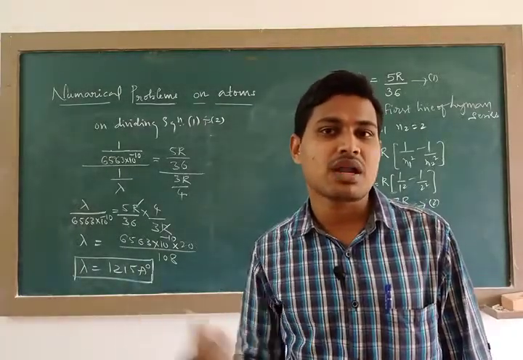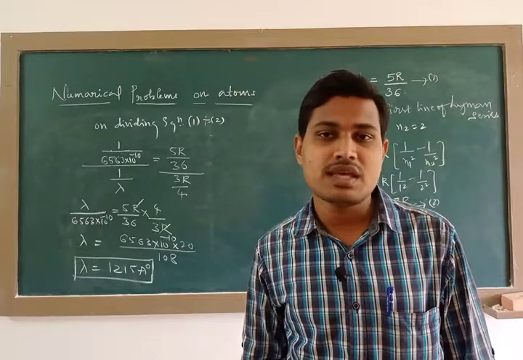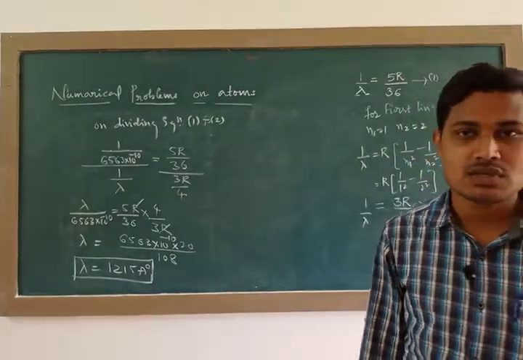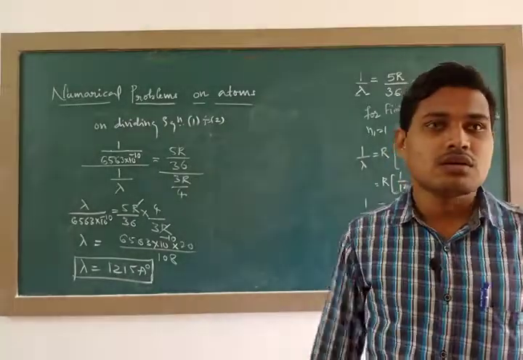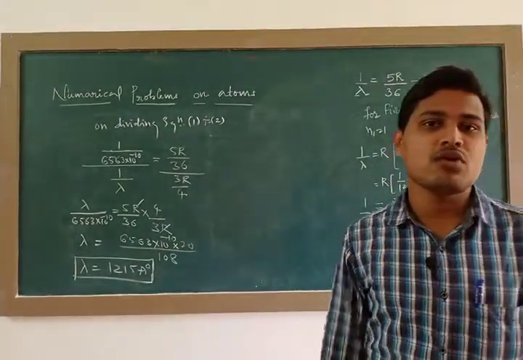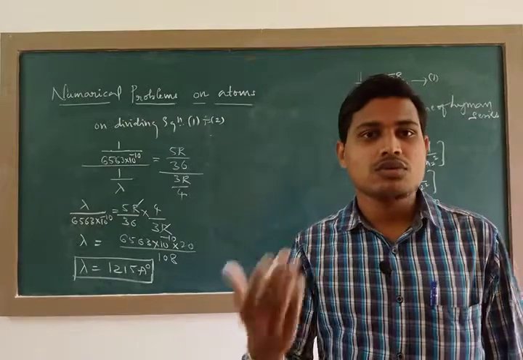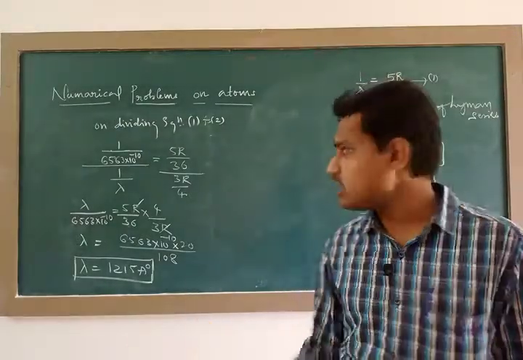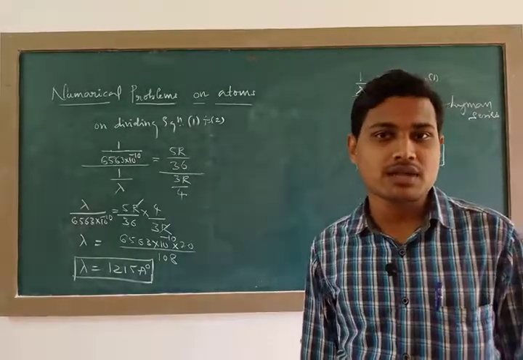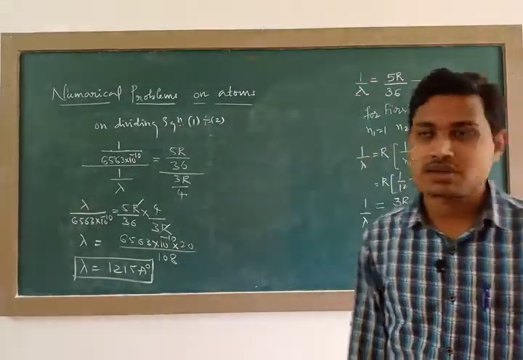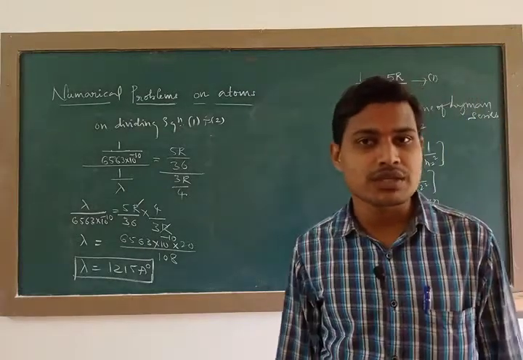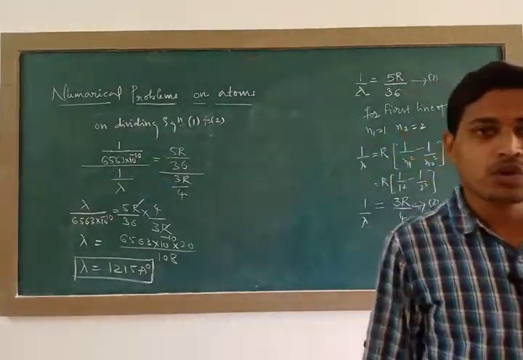Like that, the first member of the Brackett series, Paschen series, Pfund series. So for one single problem we can create some 30 to 40 problems just by varying the data. So this is about the numericals, and in our next class we shall proceed with the numericals once again. Okay, thank you.